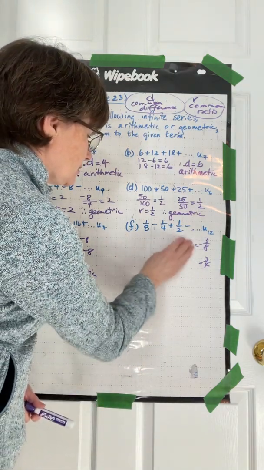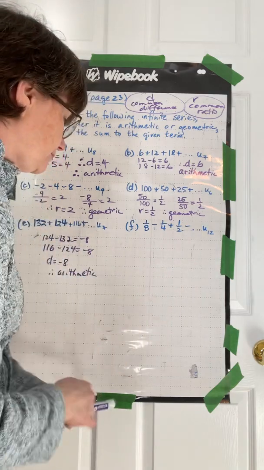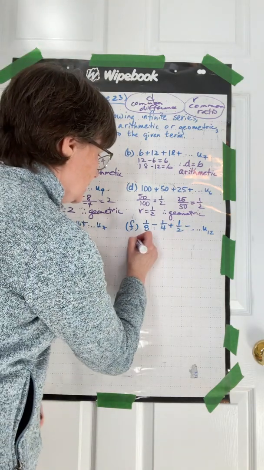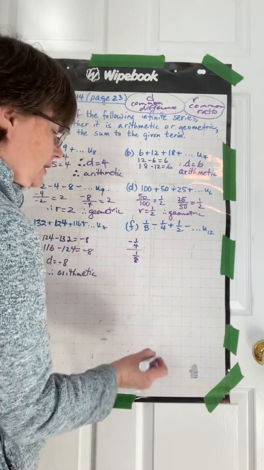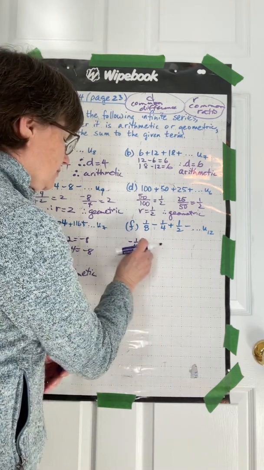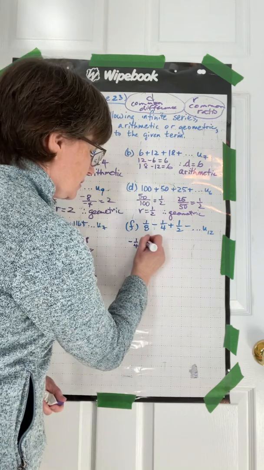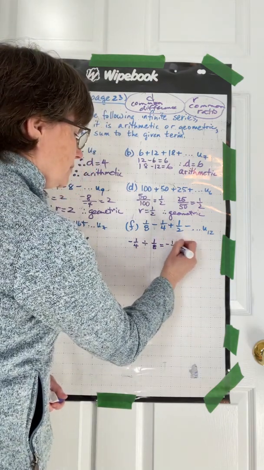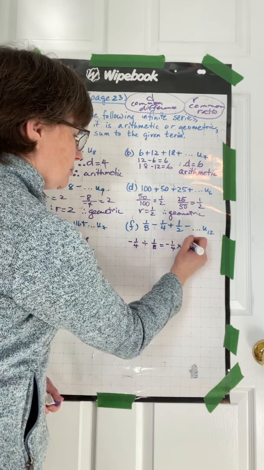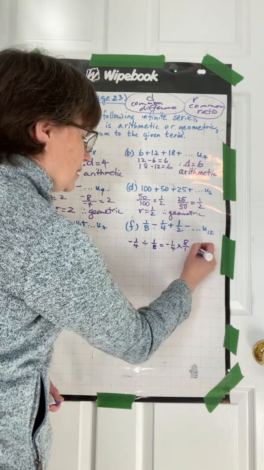Let's check and see if it's geometric. Negative 1/4, instead of writing it like this, I'm going to write it as division instead, but it's the same thing. Divide it by the number in front of it, 1/8. Remember, when we divide by fractions, it's like multiplying by the reciprocal of that fraction.